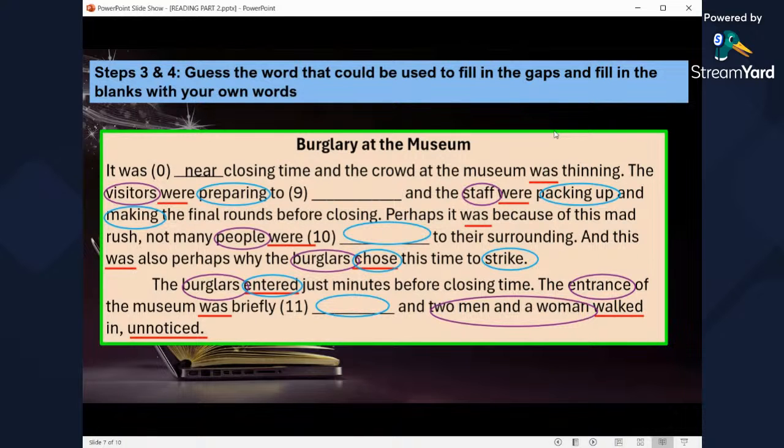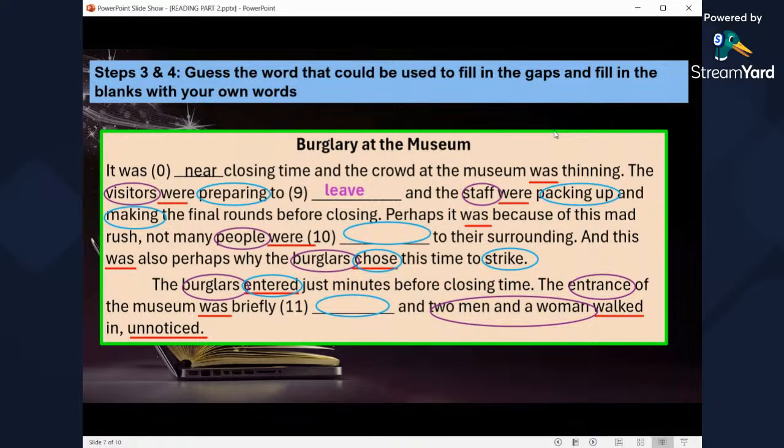No one else want to share what you think the answer would be? Visitors were preparing to leave, preparing to exit, thank you. Preparing to, only 2% answer, okay? So you have to answer there, leave and exit. Let's see what I wrote. Okay, I put leave, okay? But you might be right, exit, I don't know. This is my own answer and the staff were packing up. All right, thank you, Sateshwari.